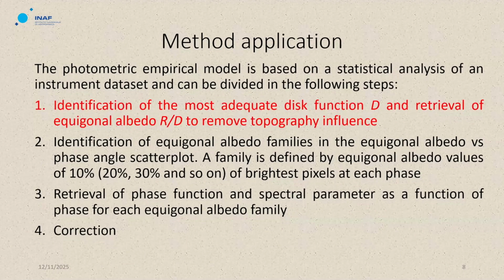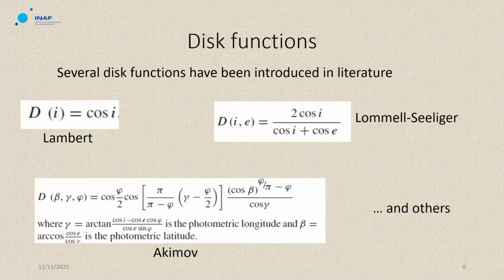There are different disk functions available in the literature to model the behavior of reflectance with incidence and emission. These are a few examples: Lambert, Lommel-Seeliger, Akimov. There are other, more complicated ones with parameters, the Akimov parameters version, but just focus on these three.